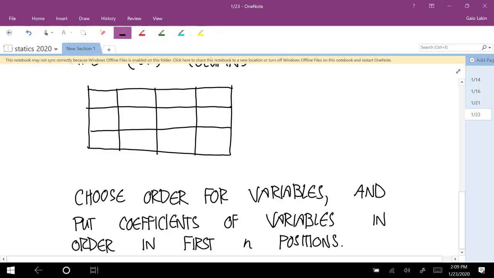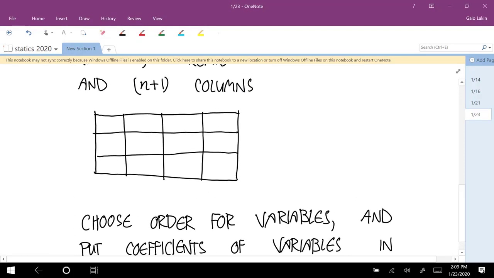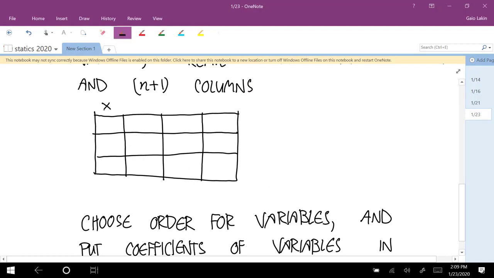Okay, so for the system that we have, the variables are x, y, and z. I'm going to call the first column X, the second one Y, and the third one Z. That's the order of my variables. I didn't have to choose it that way. I could have made it Z, X, Y, or whatever. You just have to be consistent as you do it.